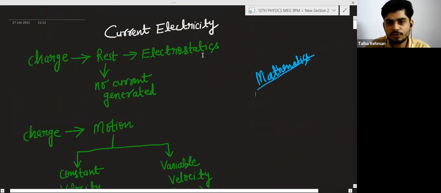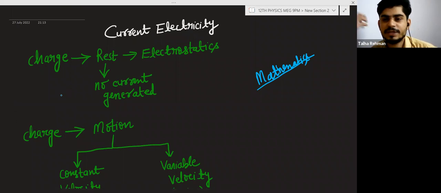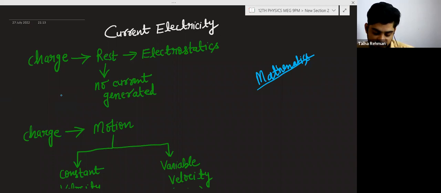So I have told you about current electricity in the last class. Current electricity is the study of current. In electrostatics we have seen that charge was at rest, and when charge is at rest, no current is produced.